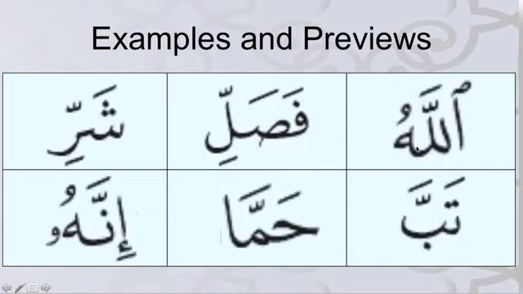Every subsequent time you're not going to need to spell out lafzul jalala, because this is such a prevalent name of Allah subhanahu wa ta'ala in the Quran that once you have it, you won't need to spell it out over and over again. But I just wanted to give you two peculiar things about this word as it appears in the Quran. This is how it's written.